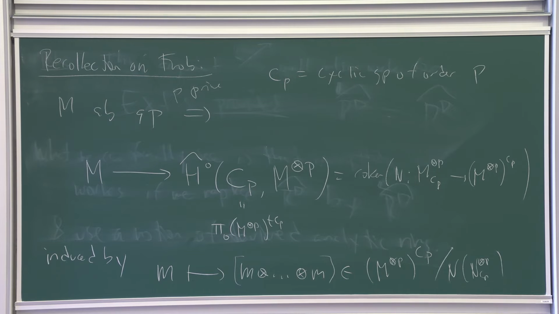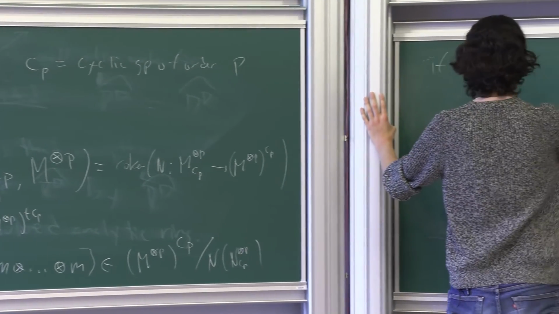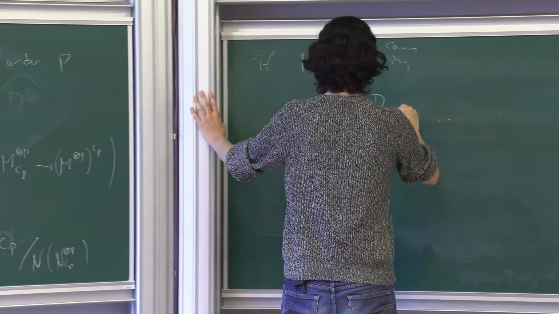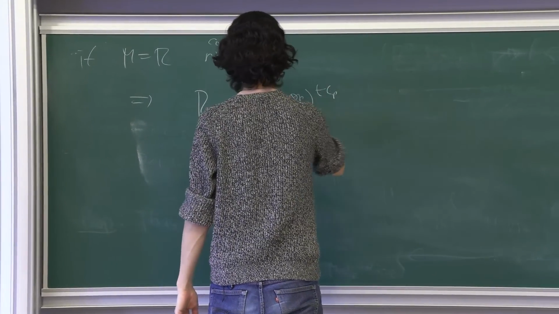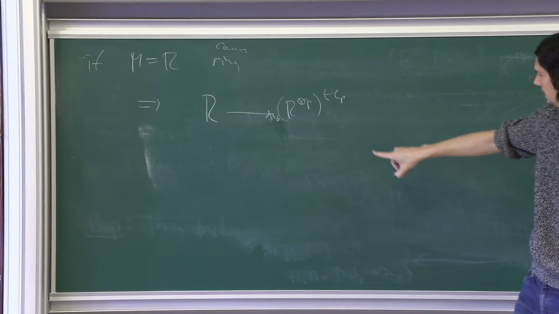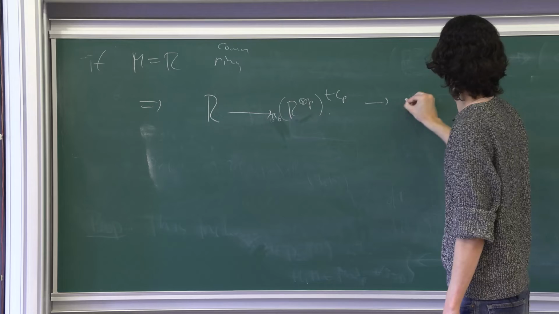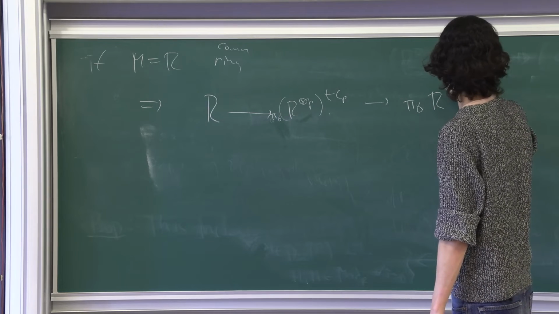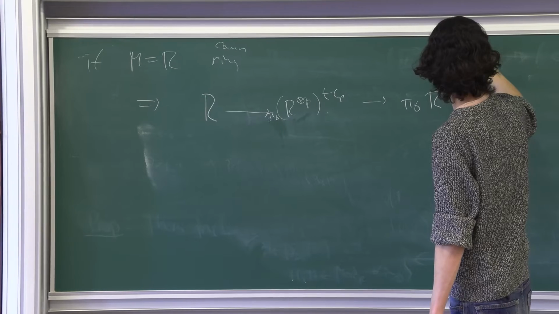And what is the relation of this construction with the Frobenius on a ring? So if M equals R is a commutative ring, then you have this thing, which goes from R to R tensor P Tate CP, and pi 0 of that. But then you can use the multiplication map from R tensor P to R to go to this, where now the CP action is trivial.